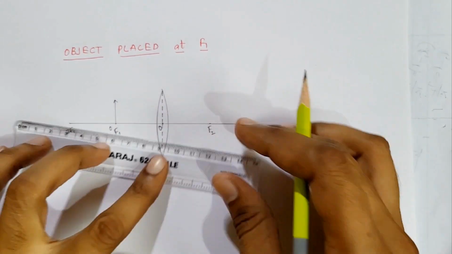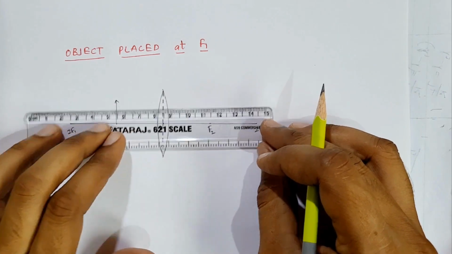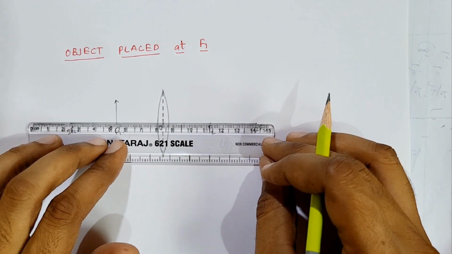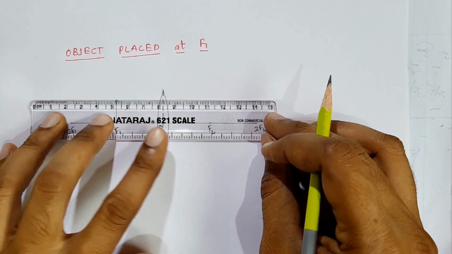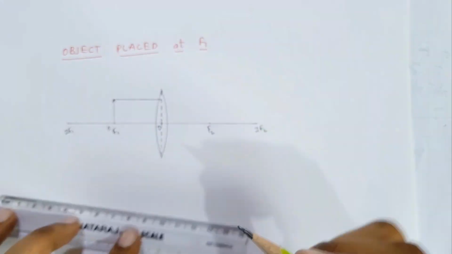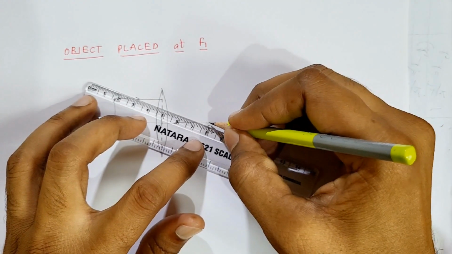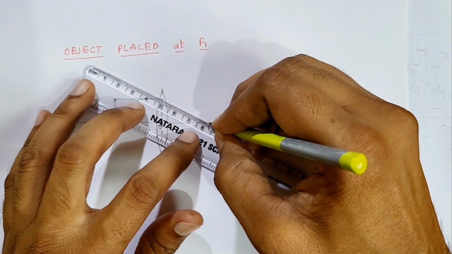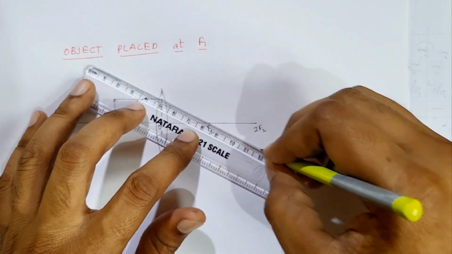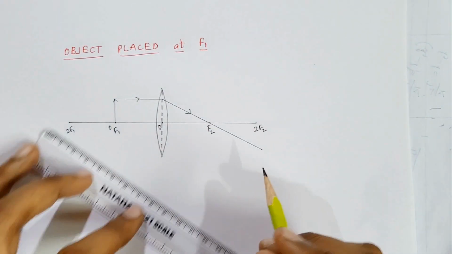Now take one light ray parallel to principal axis. Right, one light ray parallel to principal axis. After refraction, how it should go? It should pass through the focus. Like this, it is passing through the focus. One more light ray we can take through optical center.